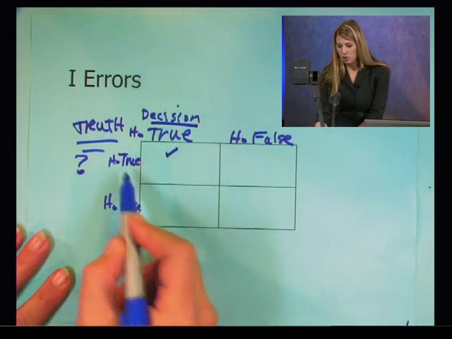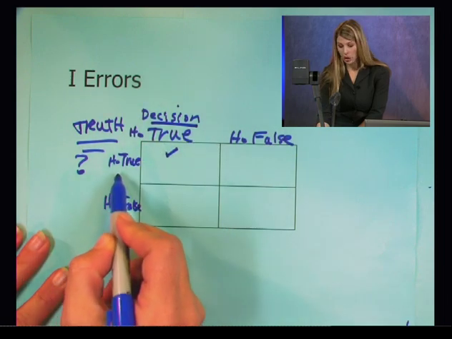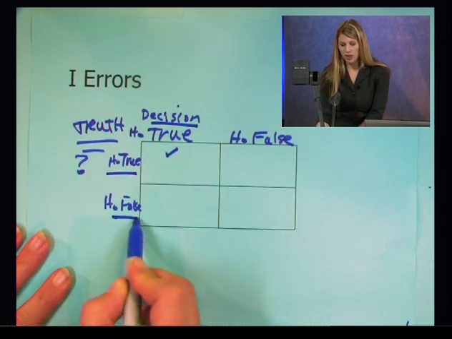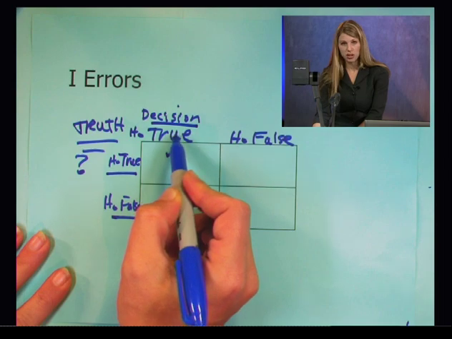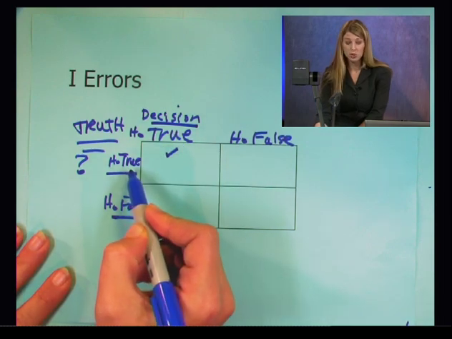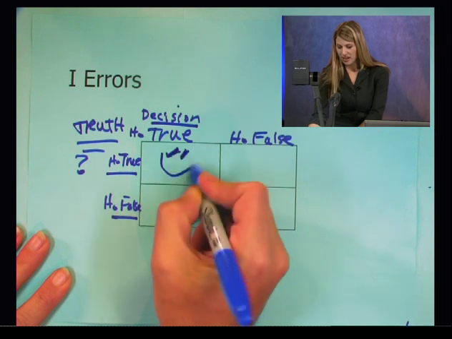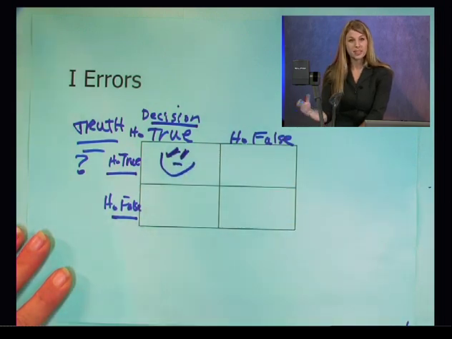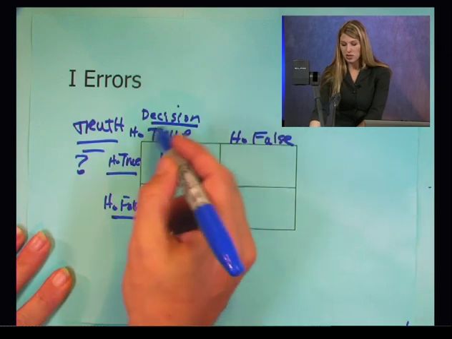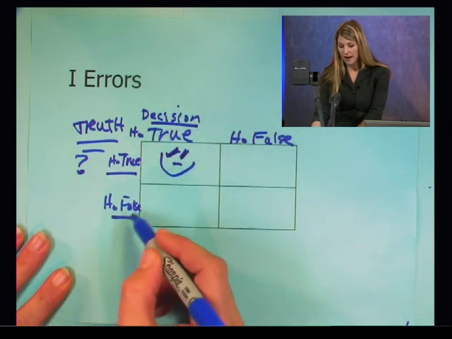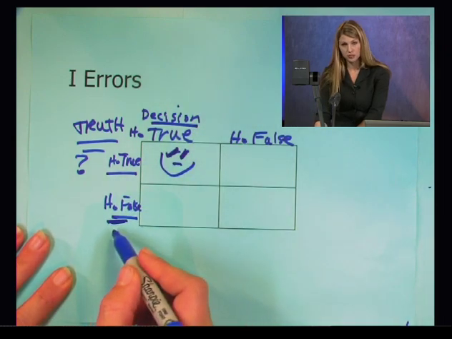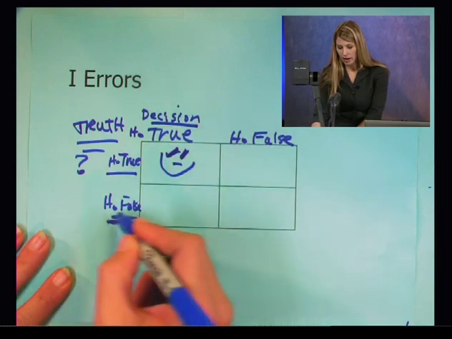Now, we have 2 options under this decision. Either in reality the null is true, or in reality the null is false. Now, if you make the decision that it's true, and in reality the null is true, you didn't make an error. This is good. Put a little happy face there. That's exactly what you want, to make the correct decision. But if you decided that the null was true and you made an error where the null was false, that's not correct.